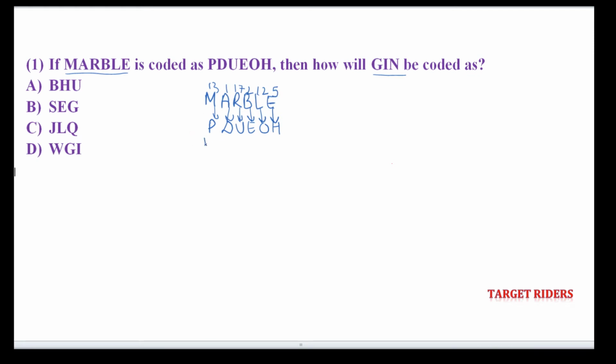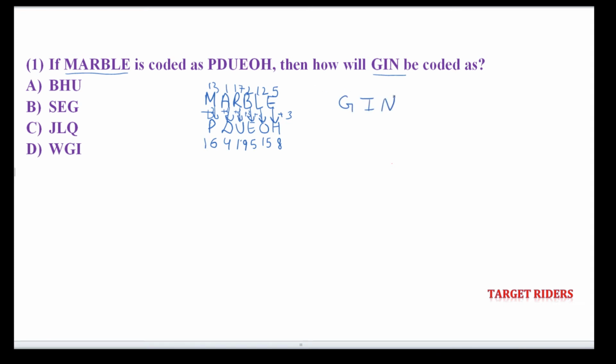P is at 16th position, D is at 4th, U is at 19th, E is at 5, O is at 15th, H is at 8th position. So the difference between M and P is 3, so plus 3, and this is also again plus 3. So according to this, we will write the coded form of GIN.